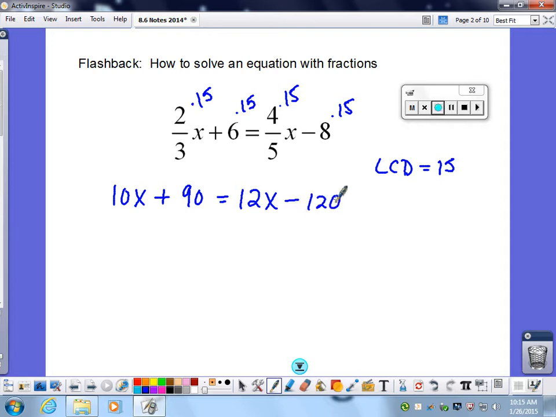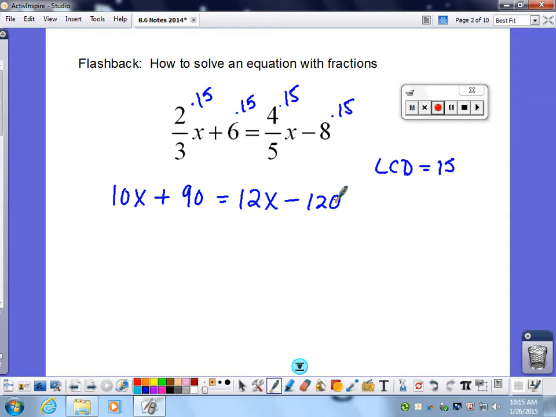All right, notice that here we've gotten rid of our fraction. So now we can solve it, combine like terms, and not have to worry about fractions anymore. That's the whole point of this, to multiply through by the common denominator to get rid of that fraction.